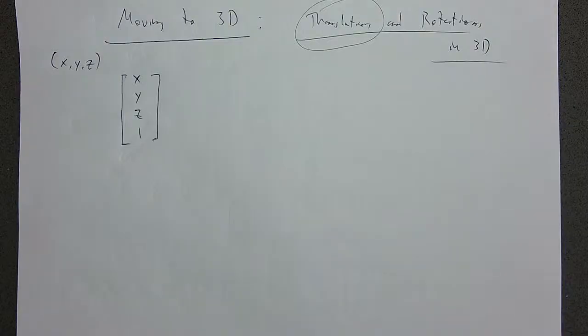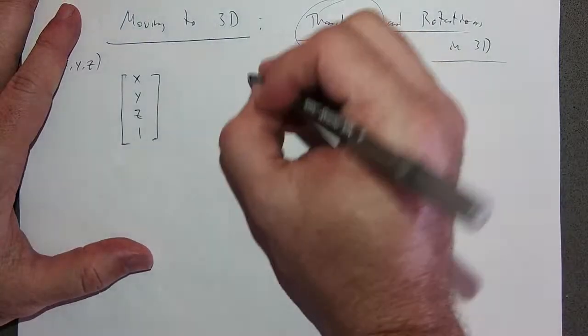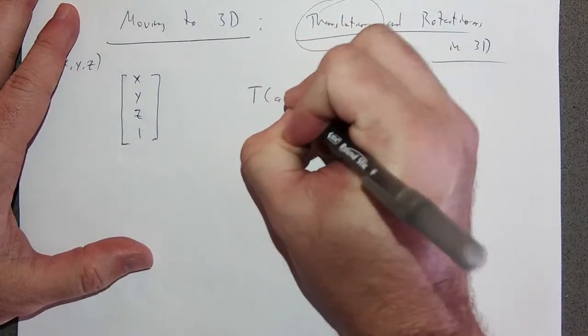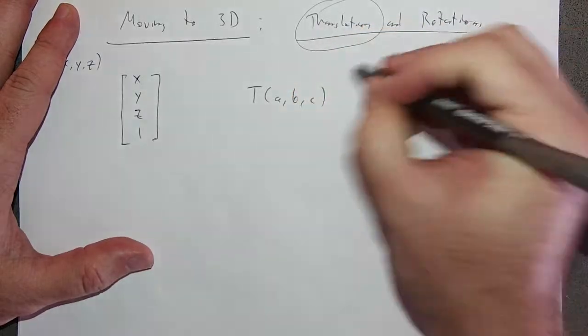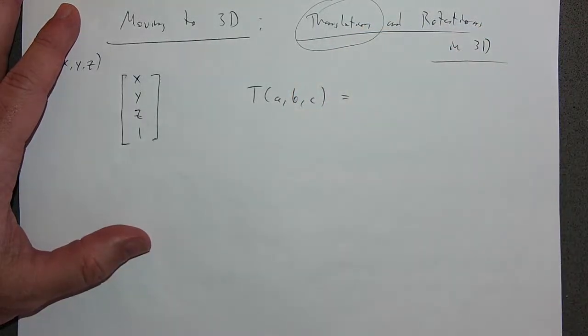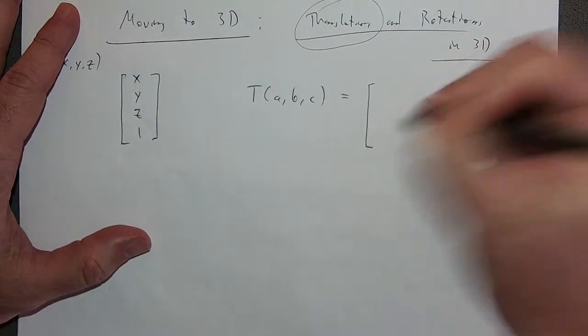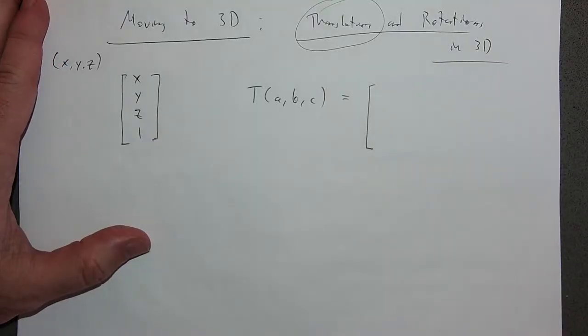They move the origin, which is bad for linearity. So what do I think translation by the vector with components a, b, and c is going to look like? Well, I know, because the algebra works exactly the same. Just because we moved to 3D doesn't really change what's going on here.